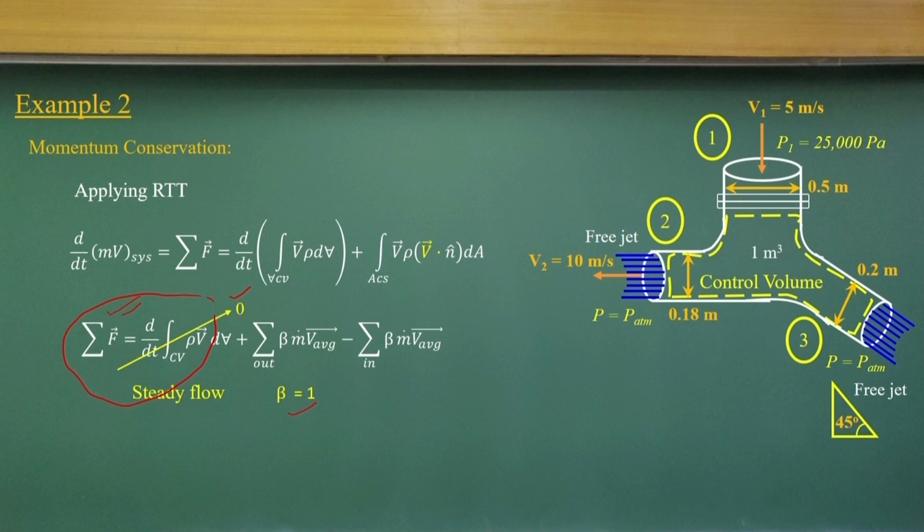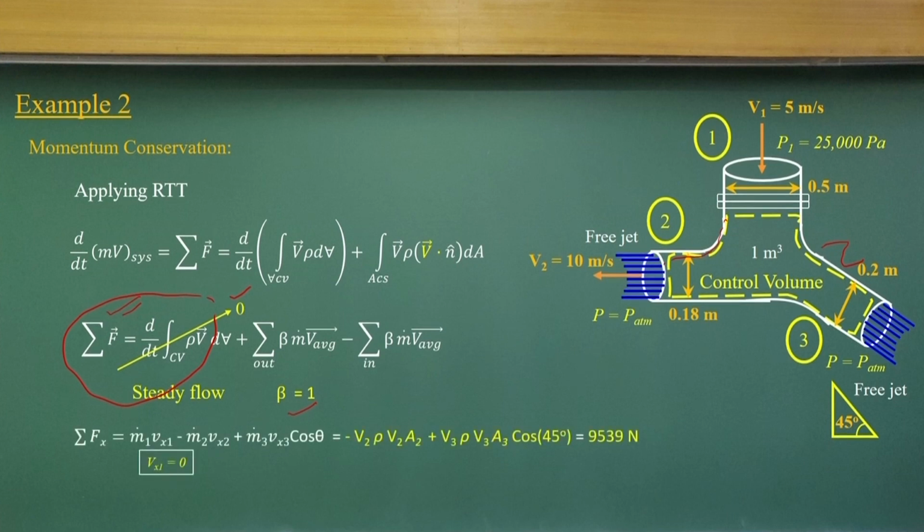Inside this control volume, you can think that there will be a frictional resistance from the surface of the wall, but we are neglecting that part as compared to the force component acting. So, we neglect the frictional force near the wall to compute the force component.